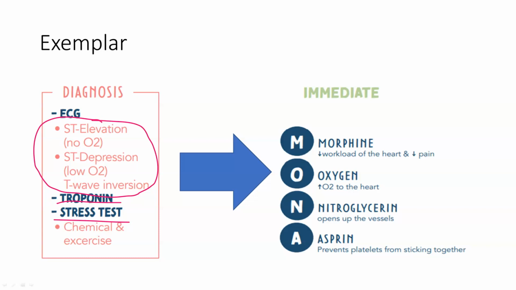We're going to give supplemental oxygen because the whole issue with chest pain is ischemia. We're going to give nitroglycerin because nitroglycerin is going to promote vasodilation of your coronary arteries. And then we're going to give aspirin, if it hasn't already been done, to prevent that platelet aggregation.